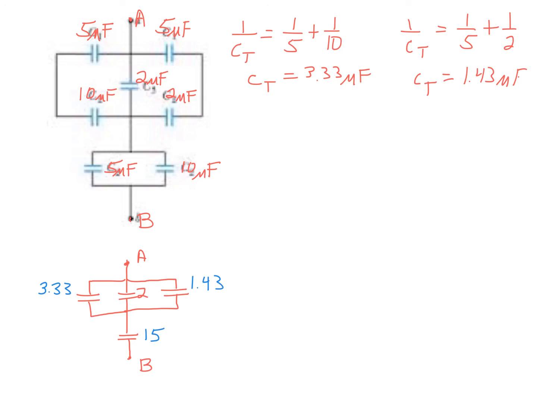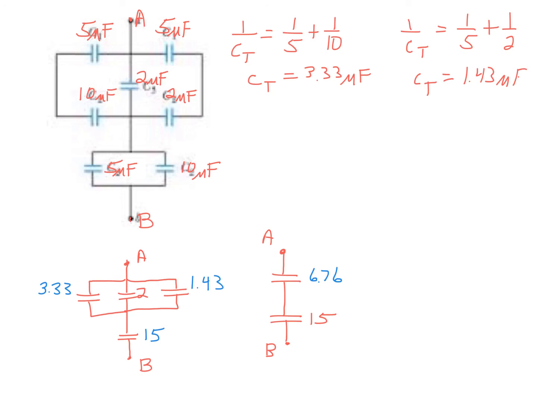And now, hopefully you can see in the middle of this problem, I have 3 capacitors in parallel: the 3.33, the 2, and the 1.43. Parallel is nice because it's just arithmetic addition. You add those 3 numbers up, here's our new diagram. So the 15 microfarad capacitor stays the same, and we have the 3 combined into 1 just by adding: 3.33 plus 2 plus 1.43 gives you 6.76.